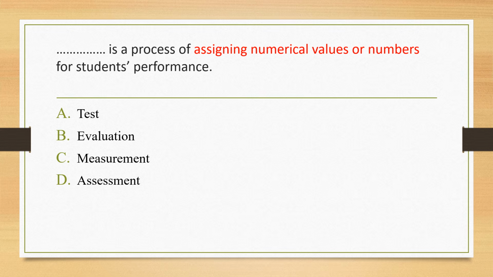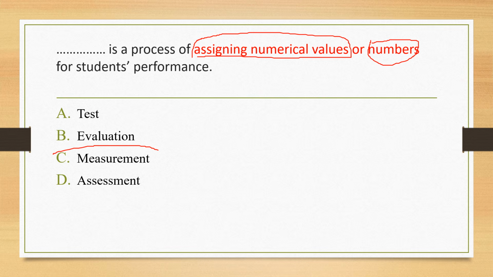A keyword that will help us is assigning numerical values or assigning numbers. So when you see these keywords or phrase, automatically we are talking about measurement. Measurement will be the answer to this question. Let's look at the next question.